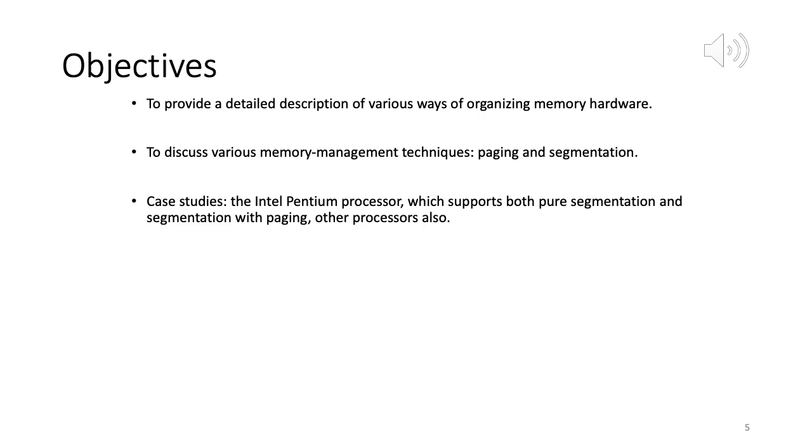Now I am on slide 5. As we know, each chapter has some learning objectives. What are the learning objectives for this chapter? The first is to provide a detailed description of various ways of organizing memory hardware. We talk about the hardware that is needed to implement these memory management strategies.